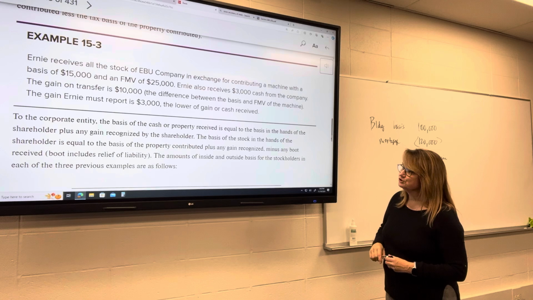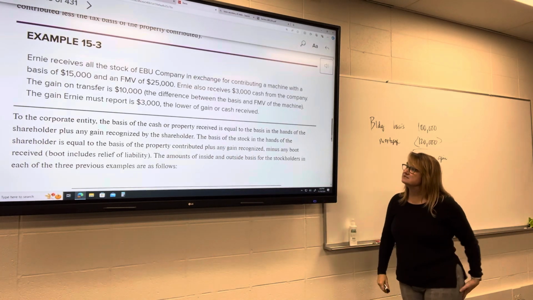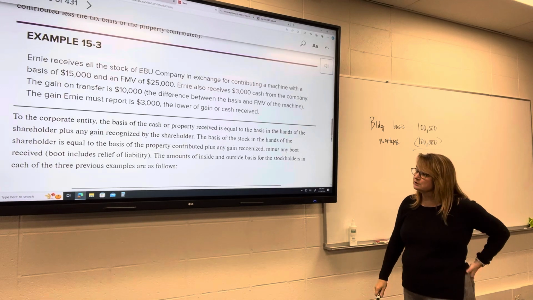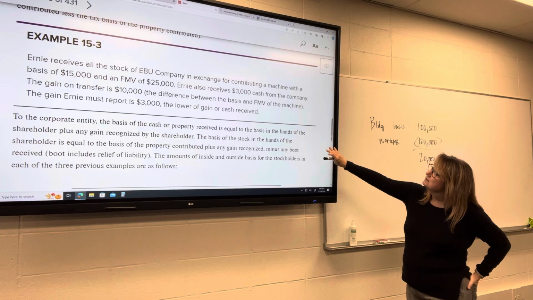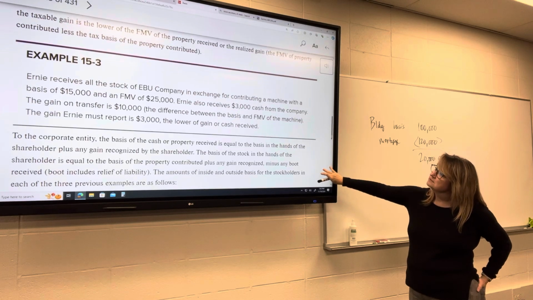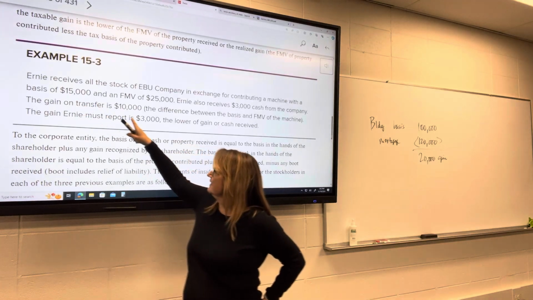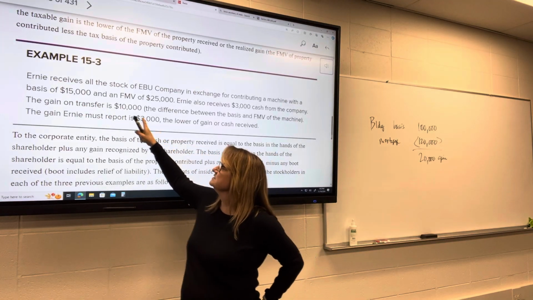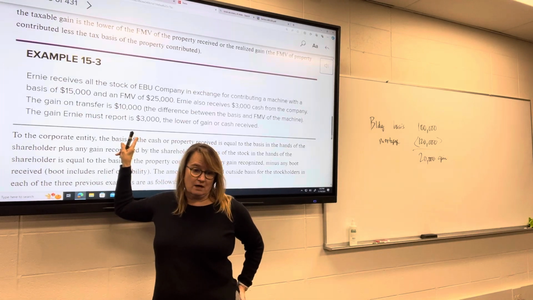So just like with partnerships, the basis of the cash or property received is equal to the basis in the hands of the shareholder plus any gain recognized by the shareholder. So in Ernie's case, the basis of this property was $15,000, but he's going to have to recognize a $3,000 gain. That means that for the corporation, their basis in the property is $18,000.